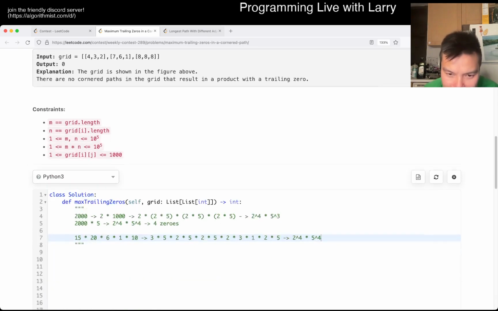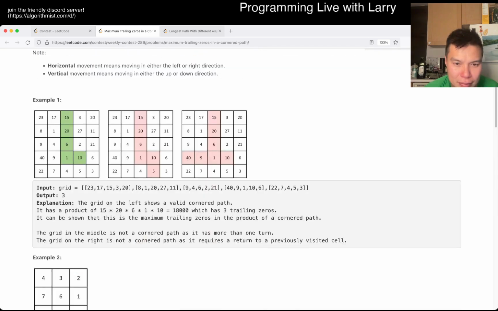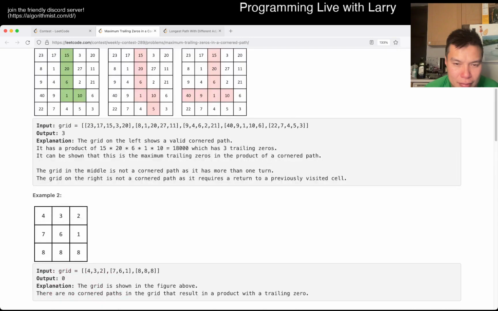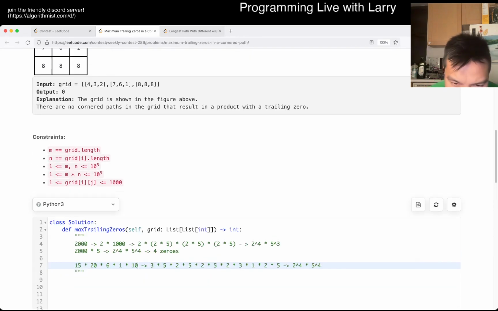Oh, did I count that wrong? 1, 2, 3, 4. Did I mess this up?